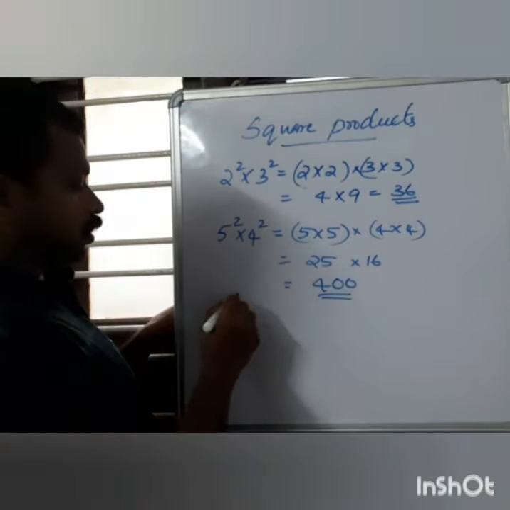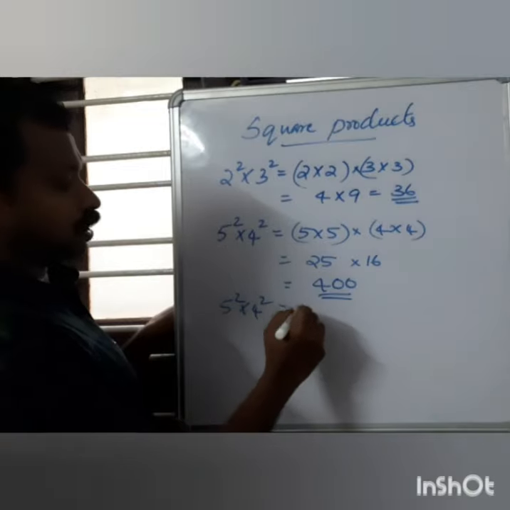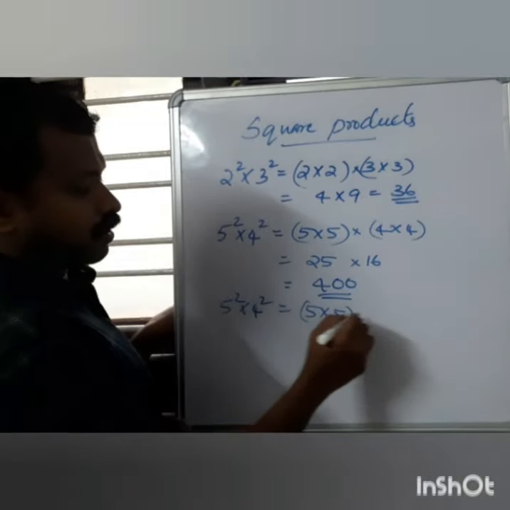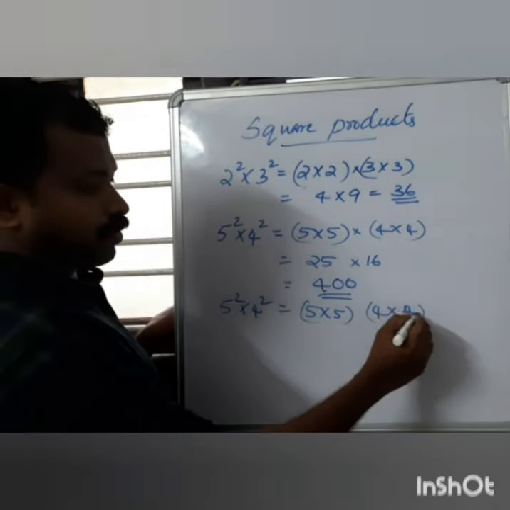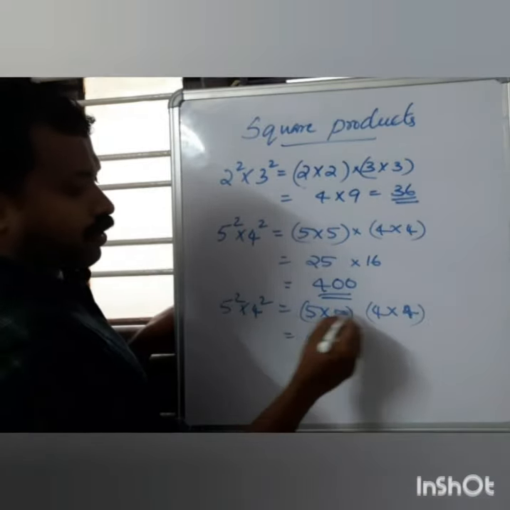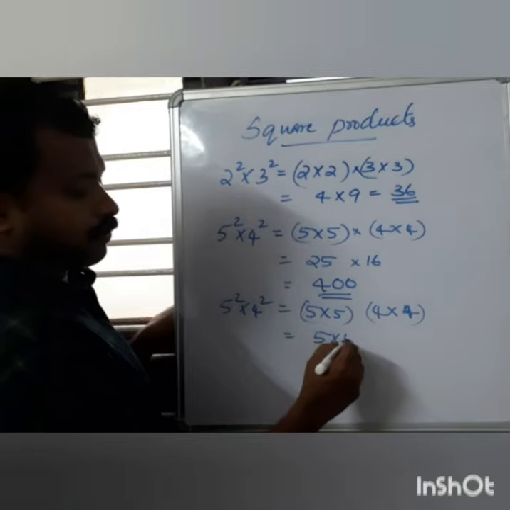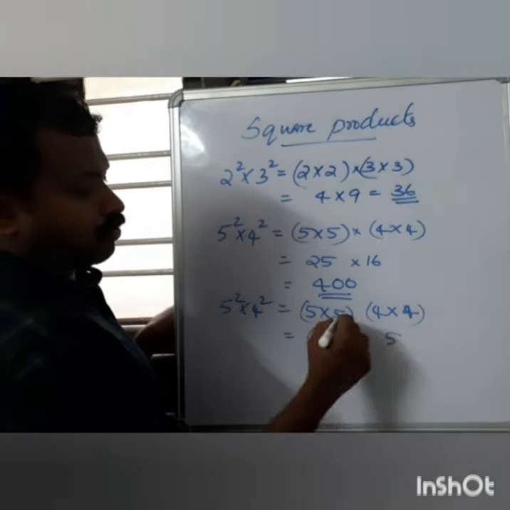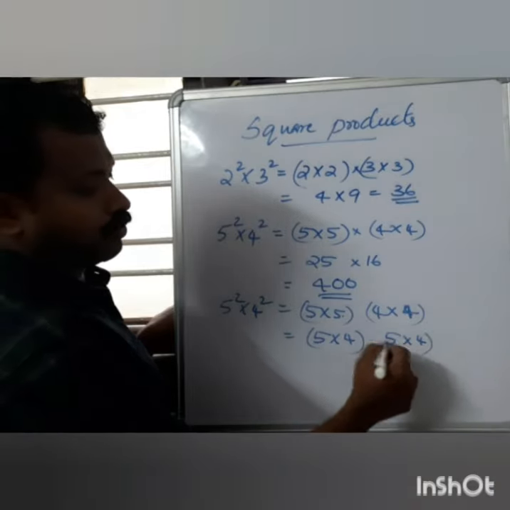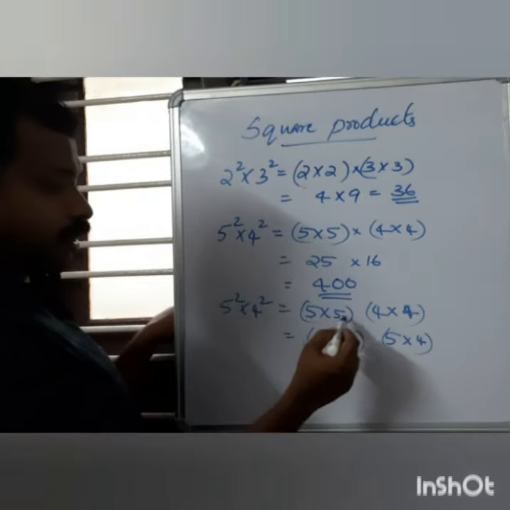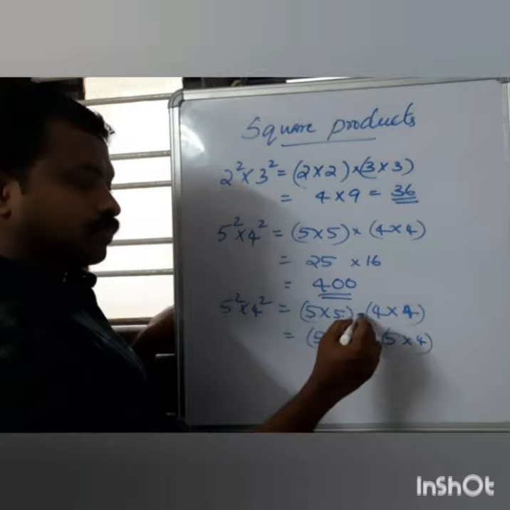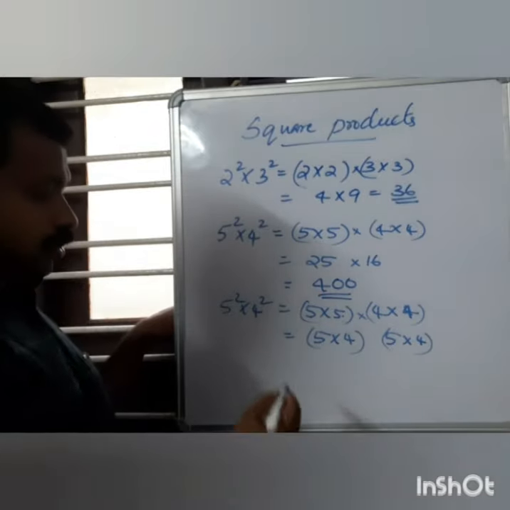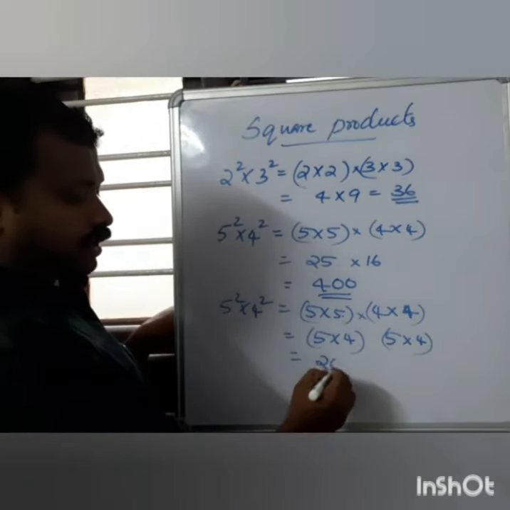So 5 square into 4 square, we wrote as 5 into 5 into 4 into 4. This we can write as 5 into 4 into 5 into 4. 5 into 4 we can easily find, 20.